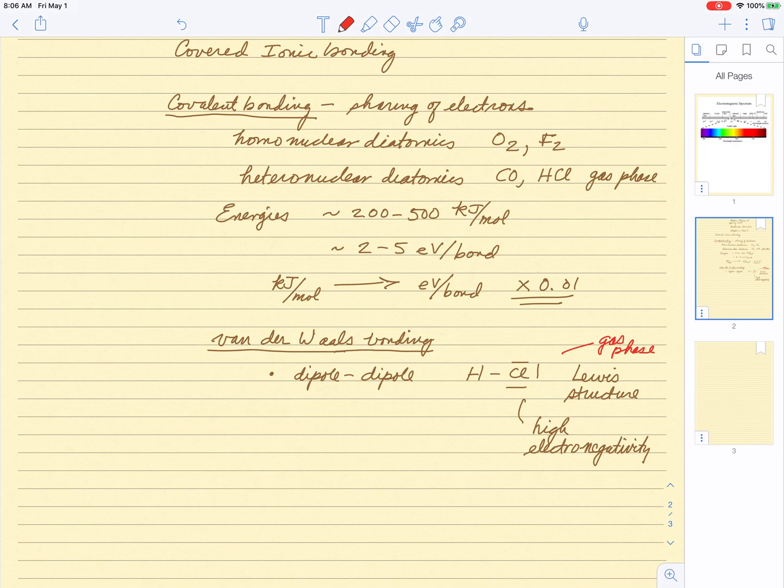We know that if this were in solution, then this would be called hydrochloric acid, and both the hydrogen and the chlorine would dissociate 100% into the hydrogen ion or hydronium ion and the chloride ion. But in the gas phase, hydrogen would be partially positive, the chlorine would be partially negative.